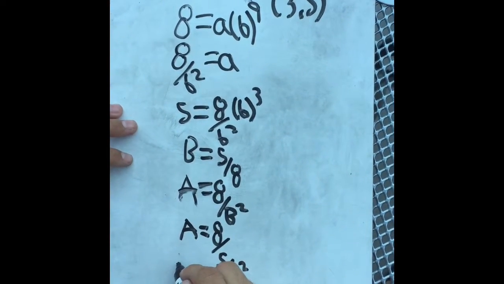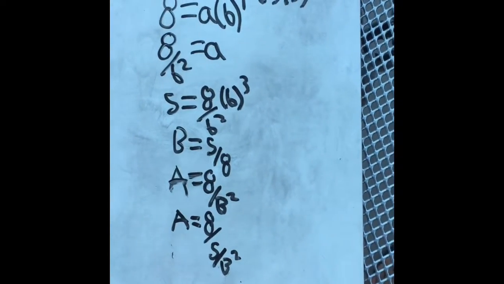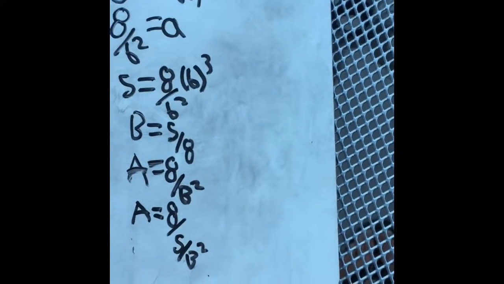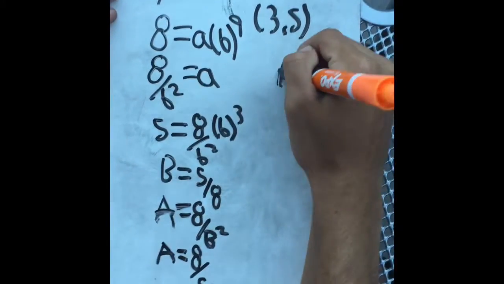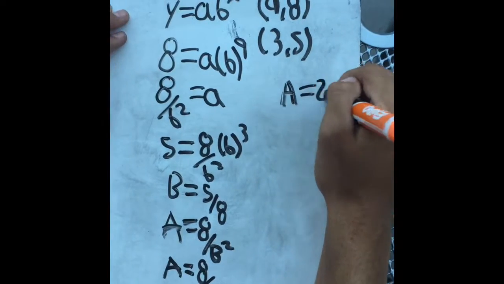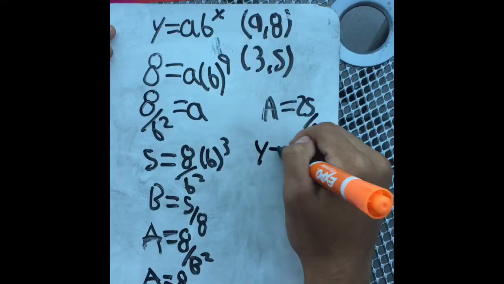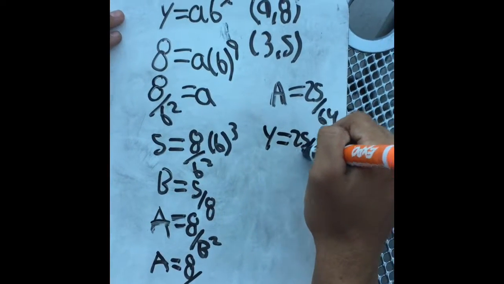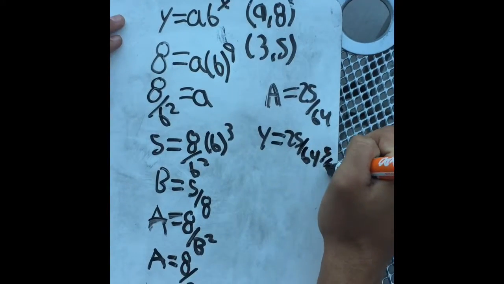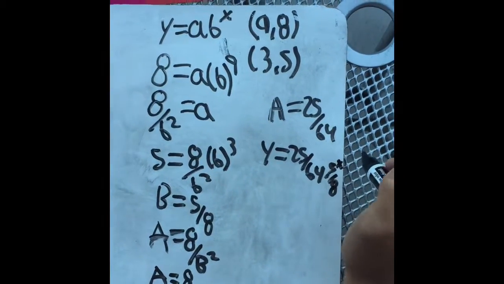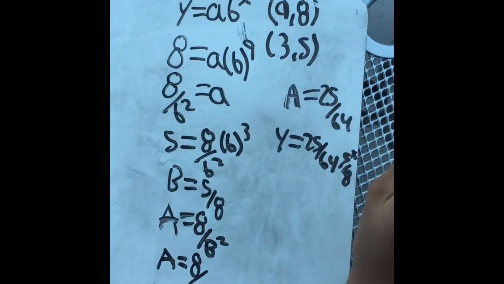And next we would substitute 25 divided by 64 for a and 5 divided by 8 for b in y equals ab to the power of x. And then we would go y equals 25 divided by 64 times 5 divided by 8 to the power of x. And then that is how you make an exponential function.